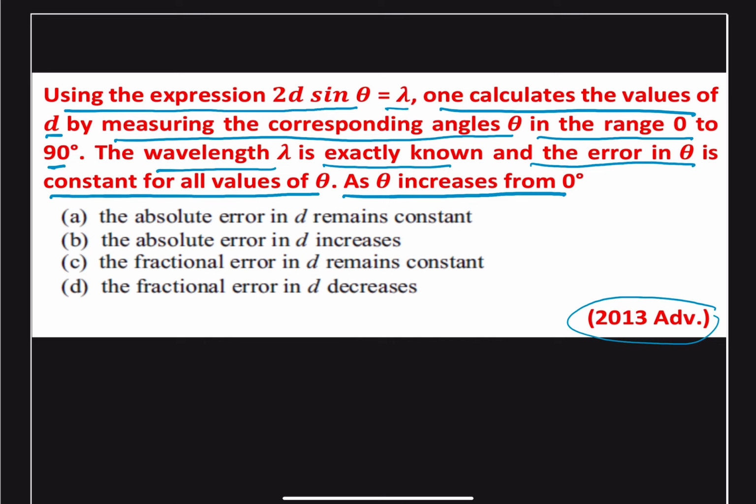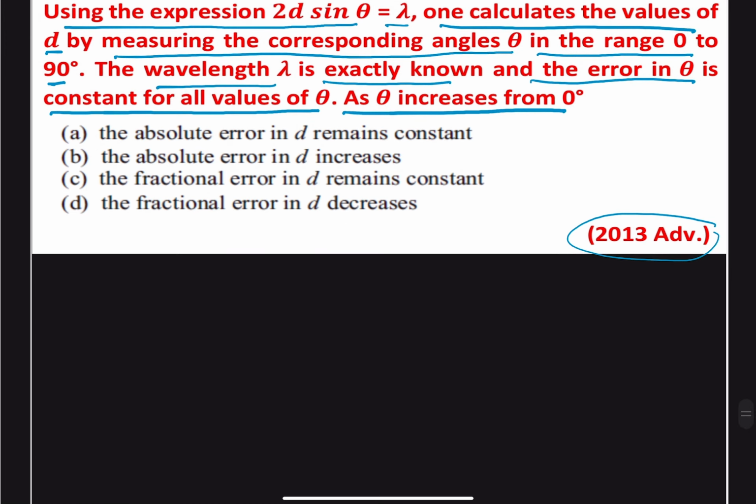So we have to express d first of all in terms of lambda as well as theta. We start with the given expression: 2d sine theta is equal to lambda. From here I can write that d is equal to lambda upon 2 sine theta.